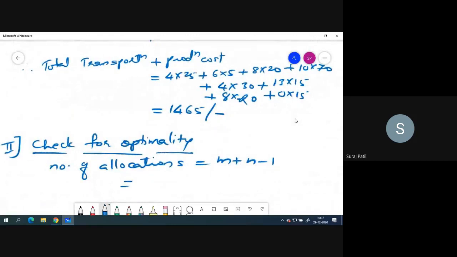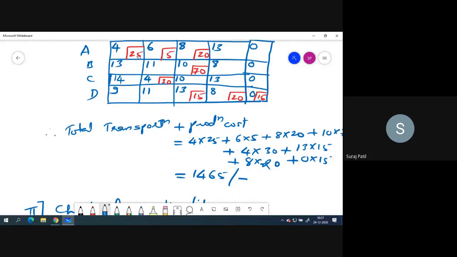So it is 4 plus 5 minus 1, it is 8. And if you check the number of allocations, I have written with the red ink, those are allocated cells. How many are there? 1, 2, 3, 4, 5, 6, 7, 8. So it is equal.